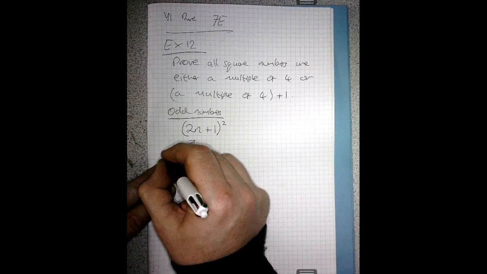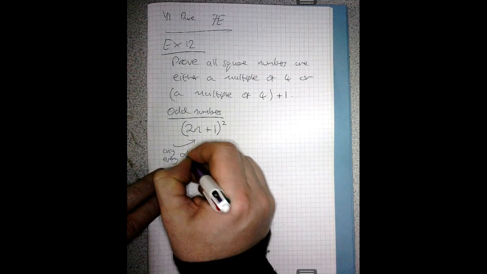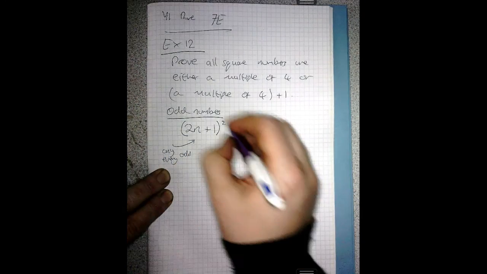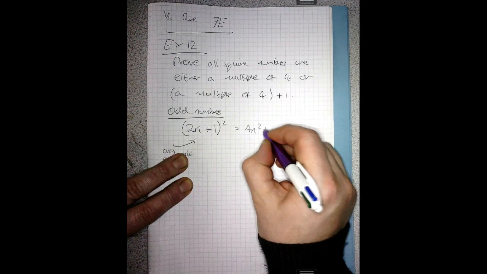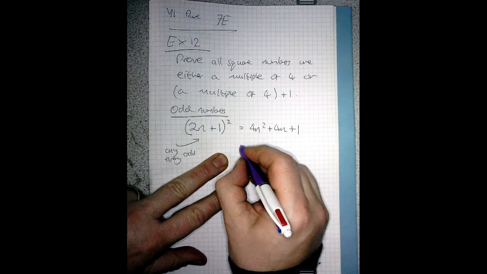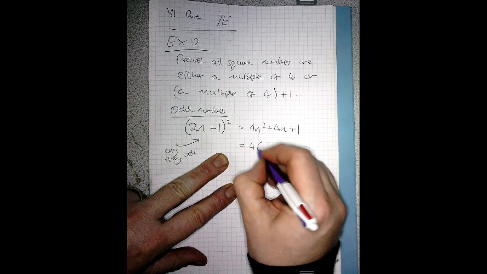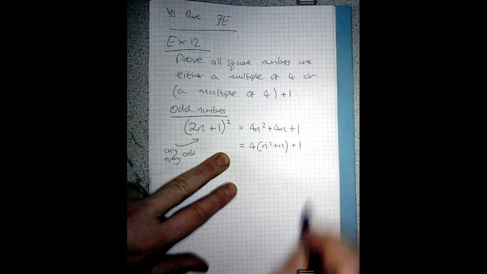So 2n plus 1 is every odd number. 2n plus 1 squared, if I multiplied that bracket out, I'd get 4n squared plus 4n plus 1, which of course I could write as 4 times (n squared plus n) plus 1.